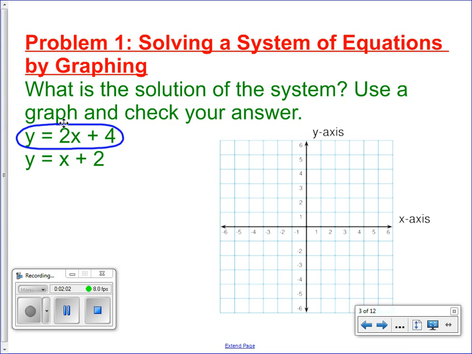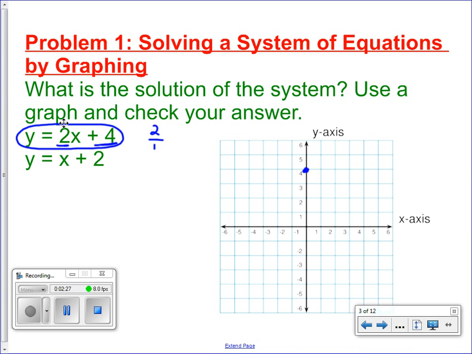All right, well, the number that's added on, in this case a positive 4, is where we start on the graph. Positive 4 is our y-intercept, so I'm going to put a point there. Our slope is the coefficient of the x term, which is 2, or 2 over 1.